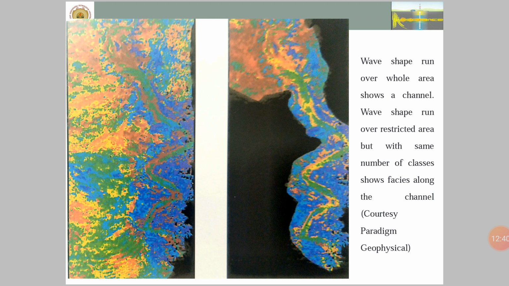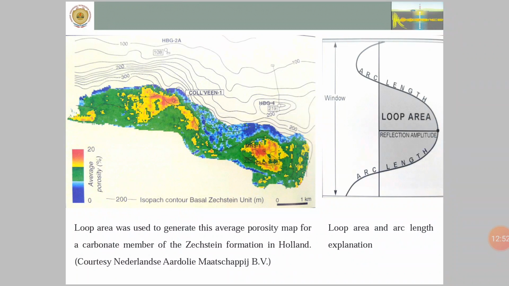Understanding the channel levee system is an important aspect in hydrocarbon exploration, and the lobes which are created due to the channels can also be mapped from the attribute analysis. Here is an example where loop area and arc length are used for understanding one of the attributes, which is the average porosity.